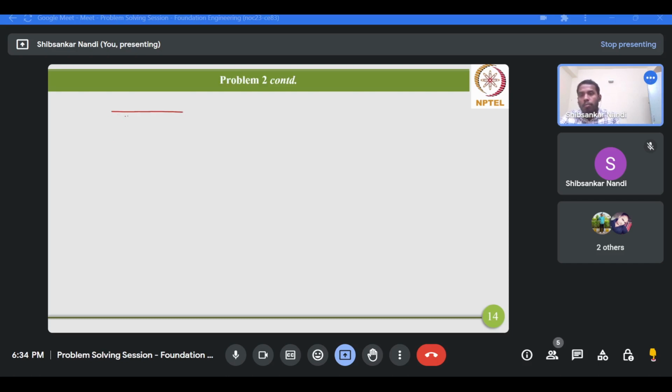For that you first need to know the net earth pressure diagram. Otherwise you cannot determine the location of this point of zero pressure.